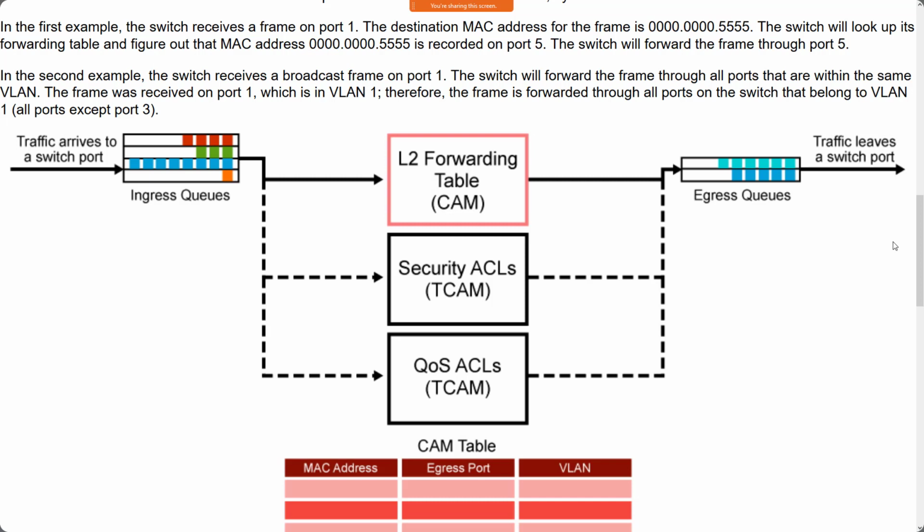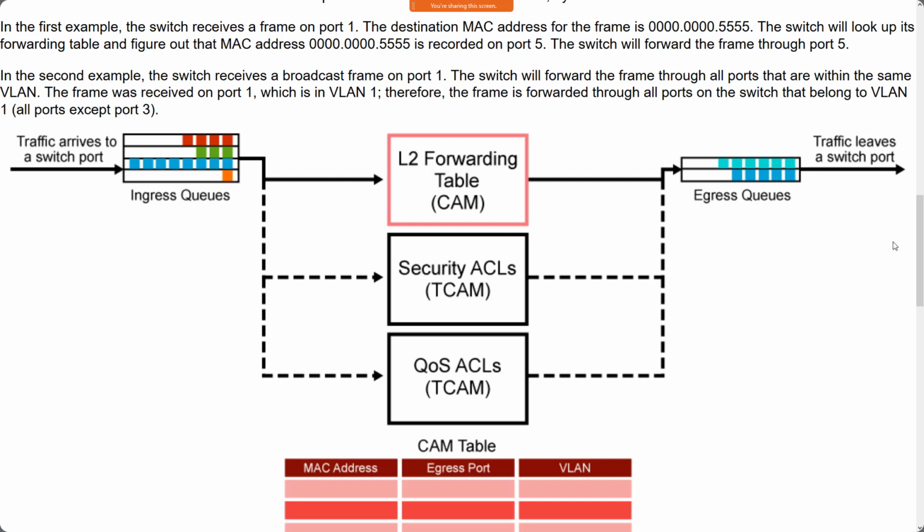All right? But there is more to a switch than just the CAM table. We have something called TCAM tables, ternary content addressable memory. Ternary, by definition, means a triple or 3, or you can define it a couple of different ways, but it's usually some sort of quick lookup database or quick lookup table that stores 3 pieces of information.